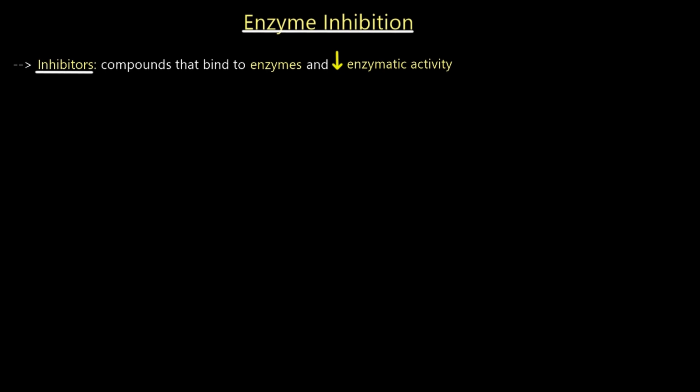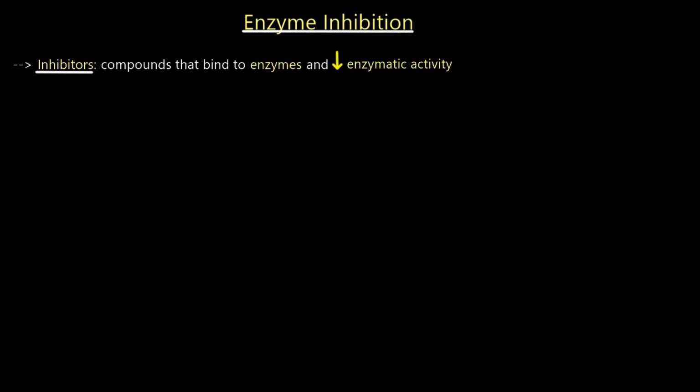All right, so next let's talk about enzyme inhibition. And what are inhibitors and what do they do to enzymes? Well, inhibitors are exactly what they are in the name. They inhibit the enzyme activity. So they're compounds. They could be proteins, they could be other enzymes, but they're compounds that bind to the enzyme and they decrease enzymatic activity, right?